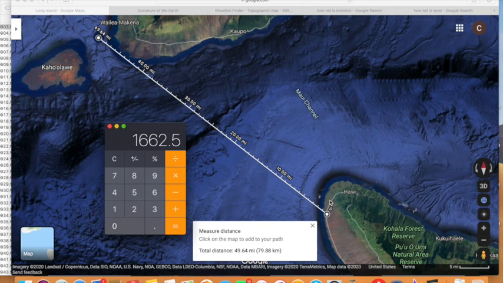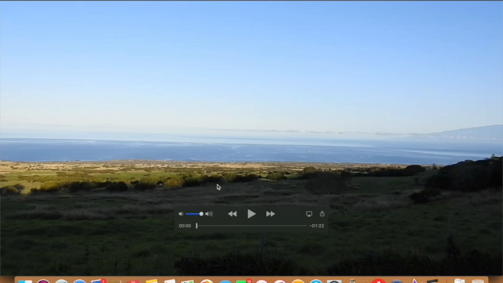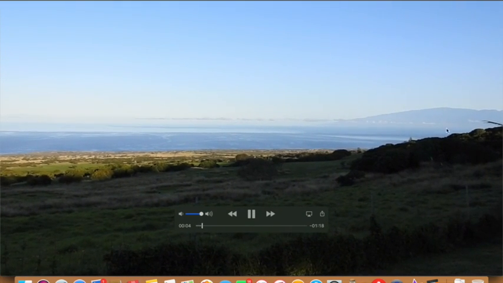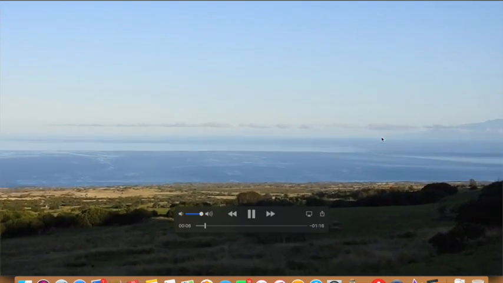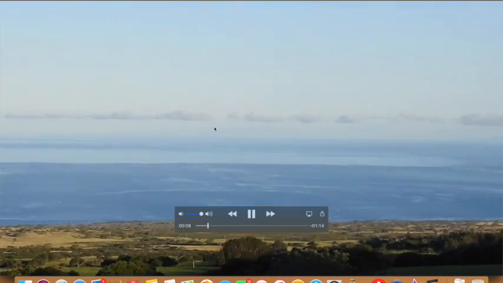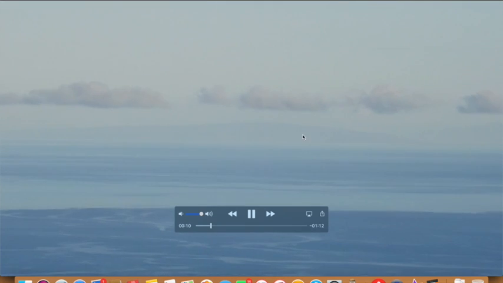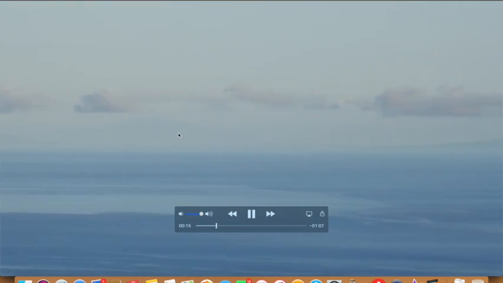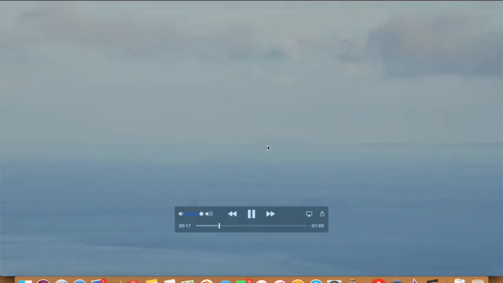Now let's go look at my footage. All right, let's start the hike. So, standing on the hill, looking at Maui on the right here. Here is Kaolave in the foreground, and Lanai. Okay, and here is Molokini.